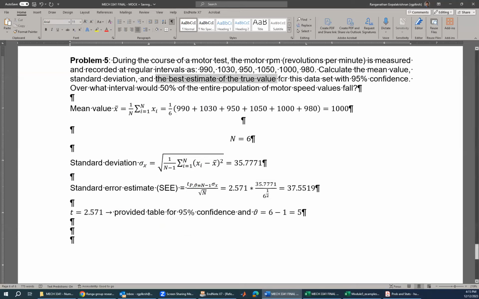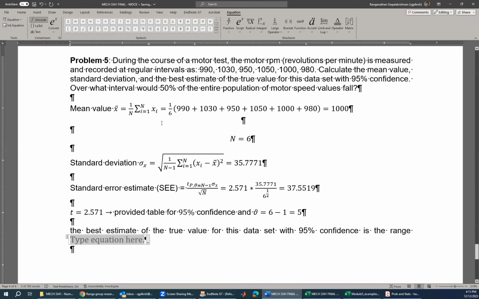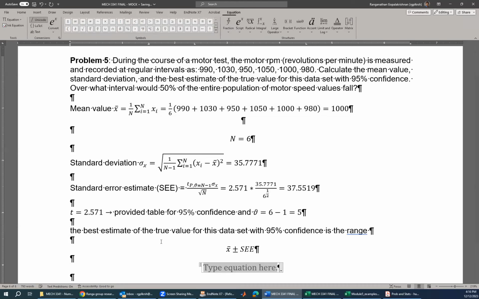The best estimate for the true value for this data set with 95% confidence is the range of x bar, that is the mean, plus minus the standard error estimate, which is like saying 1000 plus minus 37.5519.